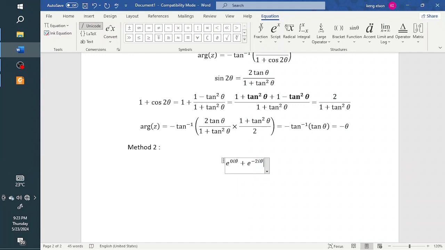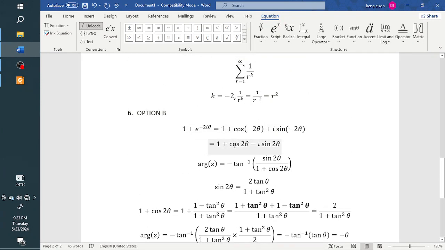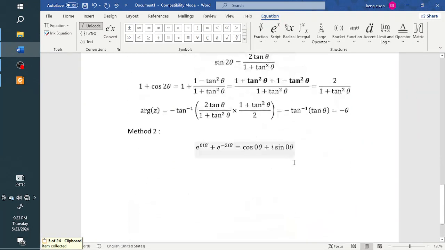Okay, so now I'm going to bring everything back to the trigonometric form. e to the 0 i theta is the same as cos 0 theta plus i sin 0 theta, and then e to the negative 2 i theta, I think we saw it already, so no need to rewrite it again.